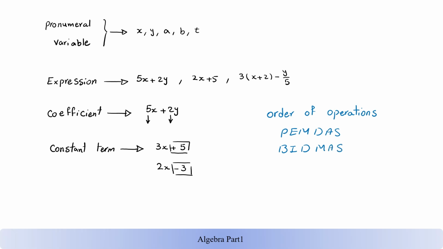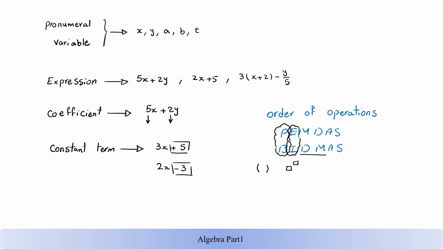Our first thing that we have to work on is parentheses or brackets. The second one is indices or exponents, so I will write it like this as a power.